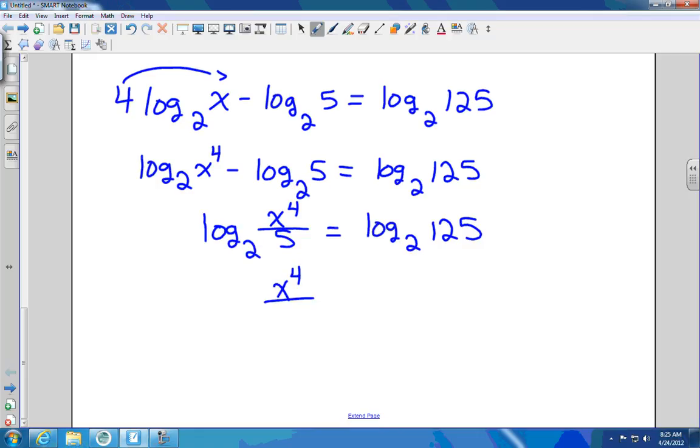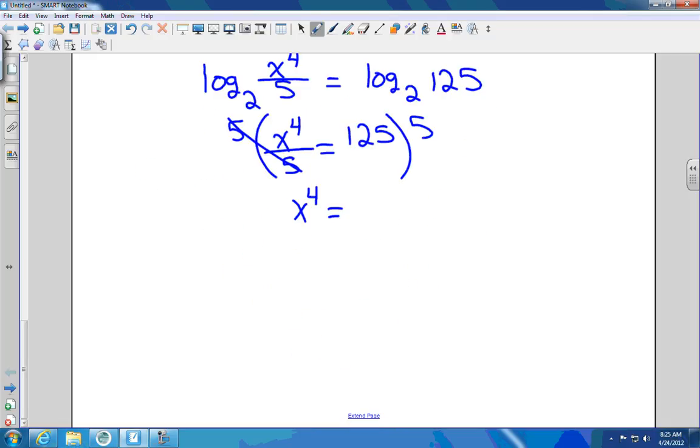X to the fourth over 5 equals 125. So we get x to the fourth equals 625, and the fourth root of 625. X equals 5.